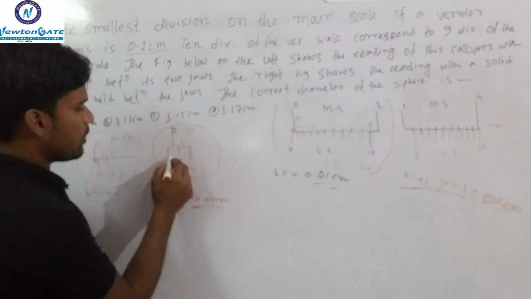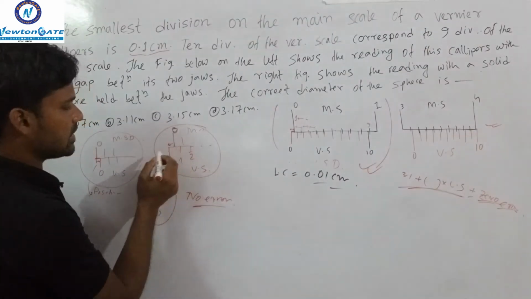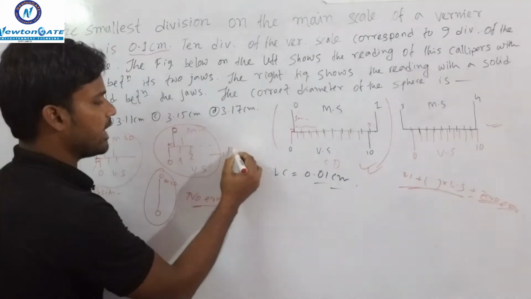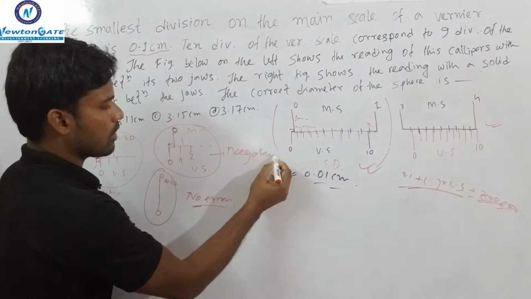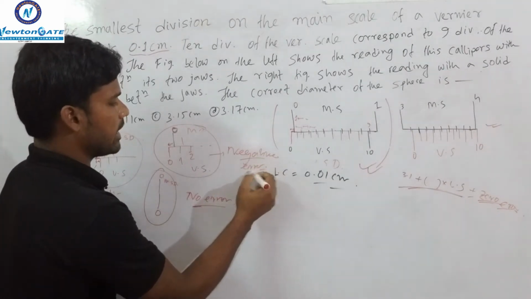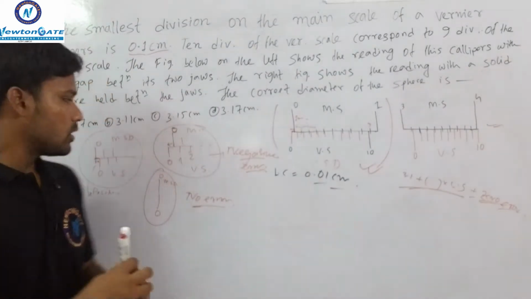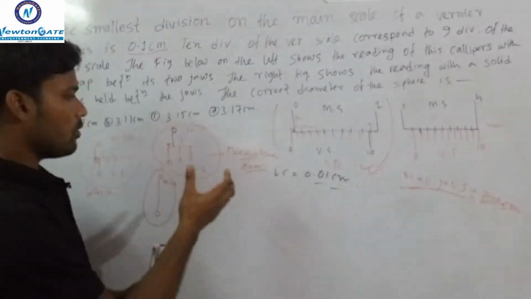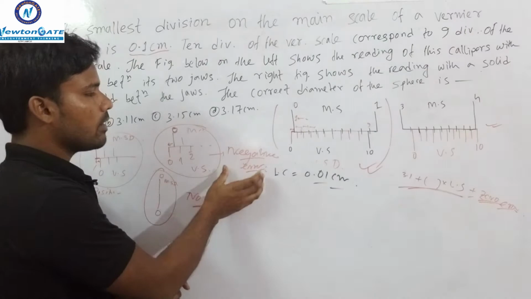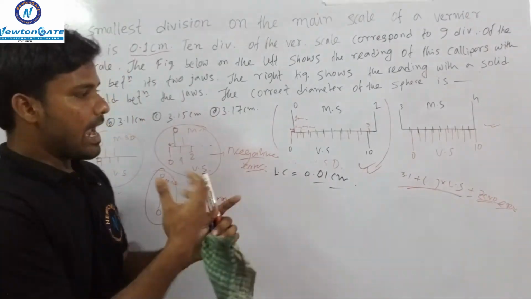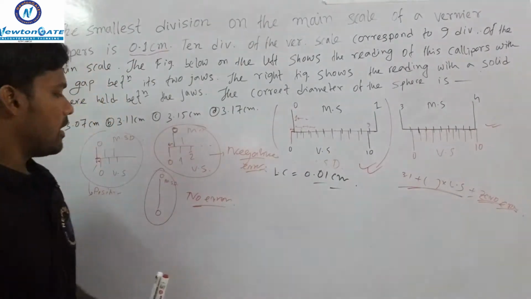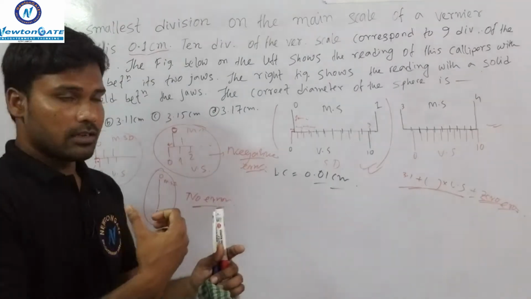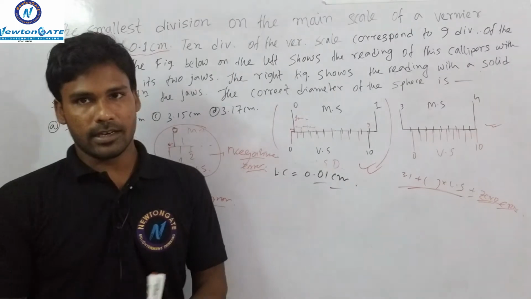If the vernier scale 0 is on the left side of the main scale 0, we can say that is negative error. Negative, right? So whenever we calculate the accurate data, if you get negative error, you have to add it to the main scale data, or if you get positive error, you have to subtract it from this main scale data. Clear?